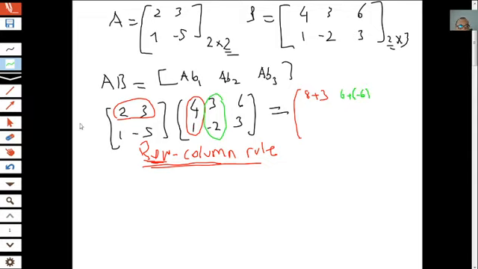And then we take the last column of the second matrix, and after the multiplication of the corresponding entries, we have 12 plus 9.